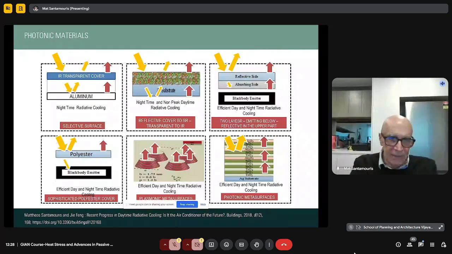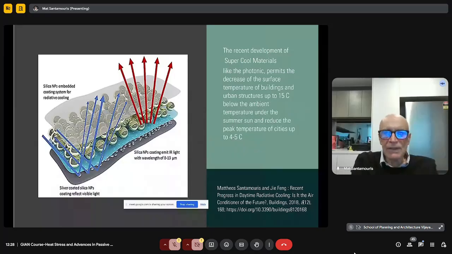These materials succeeded in emitting in the atmospheric window, and as a result they presented subambient surface temperature. But the first generation of photonic materials was not appropriate for the built environment. In the last 5, 6, 7 years, we have succeeded in developing photonic materials for the built environment.